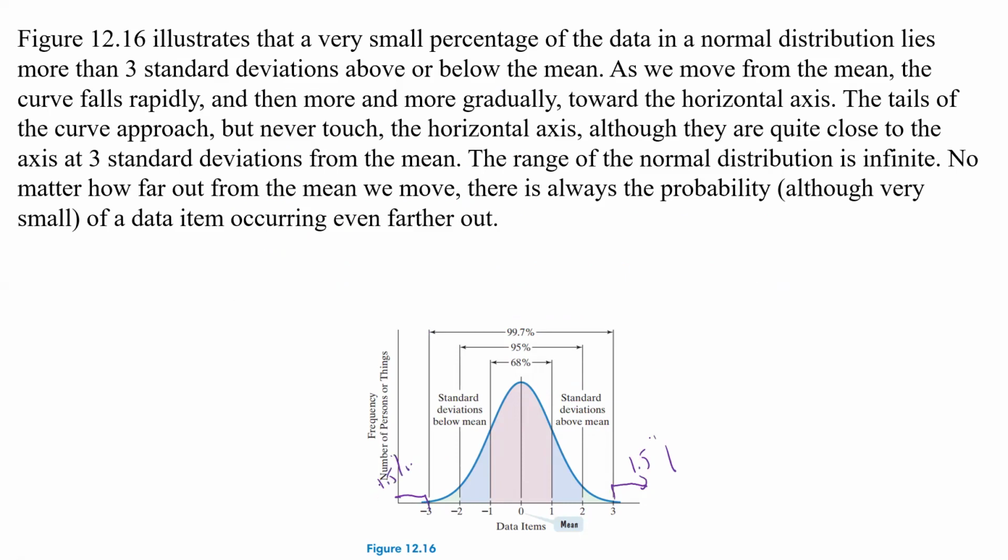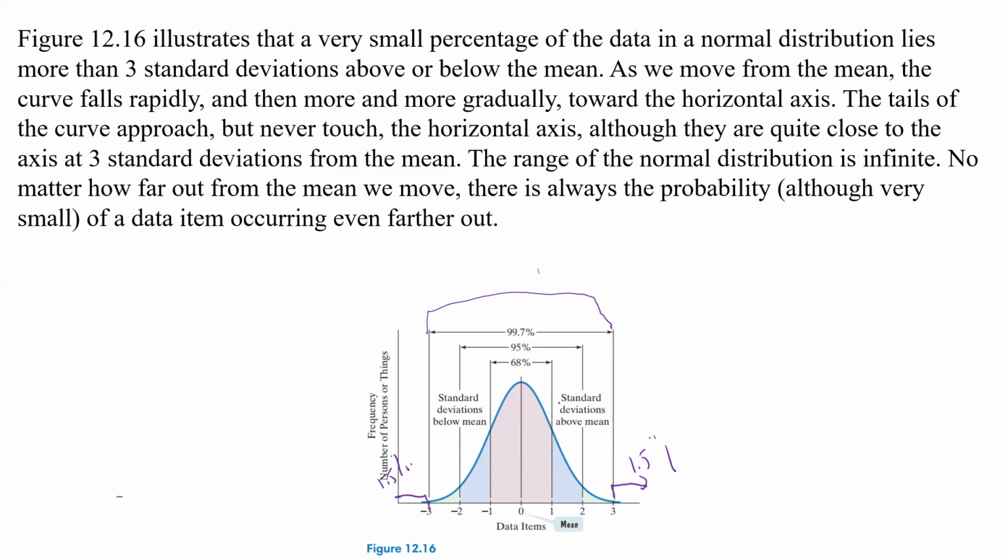And so as we move from the mean, the curve falls rapidly, as we can see here. It approaches, but it never touches this horizontal axis. So no matter how far out we go, it's not actually touching that x-axis. It just gets really close. And so we're really worried mostly about just this individual part here from the 99.7.